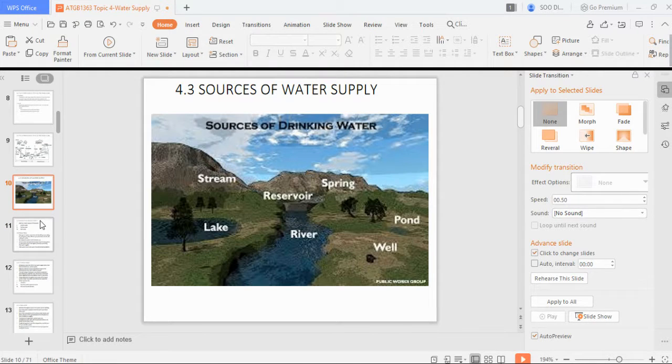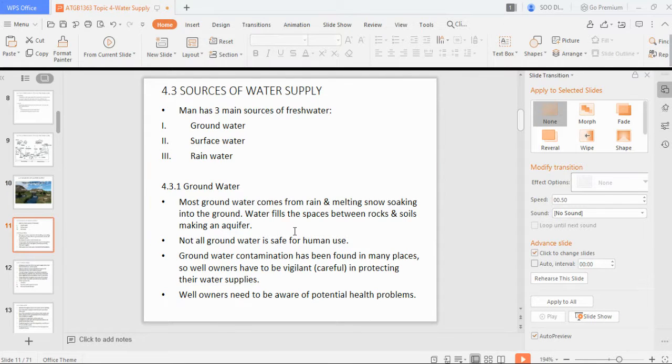Okay, so there are actually only a few sources of water supply available for us. One of the three main sources of fresh water are groundwater, surface water, and rainwater. Groundwater is where most of our water comes from, which is from rain and melting snow.